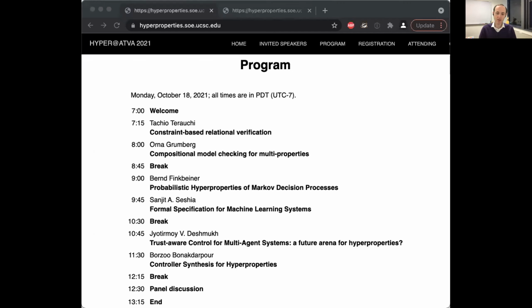Tachio works on techniques for building reliable computational systems and specifically has done work in a variety of different areas, including programming languages, program analysis and verification, but also synthesis, type systems, mathematical logic, automated deduction, and security. And he's going to be speaking today about constraint-based relational verification. We're very excited to hear his talk. Tachio, if you want to go ahead and share your screen, we're ready to go.